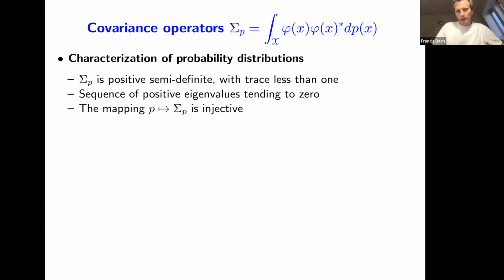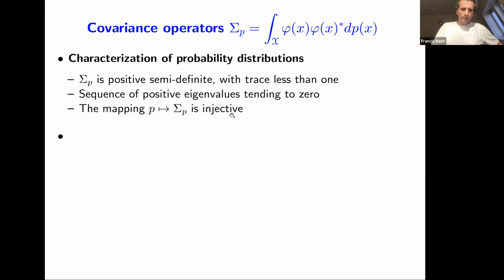If you assume that the norm of phi of x is always less than 1, the trace is less than 1, so overall you get a trace class operator. So it has a sequence of decaying eigenvalues tending to 0. And again, if you assume the kernel is universal, you get an injective map. Essentially, this is a very specific mean element for a particular feature, and it's also injective.